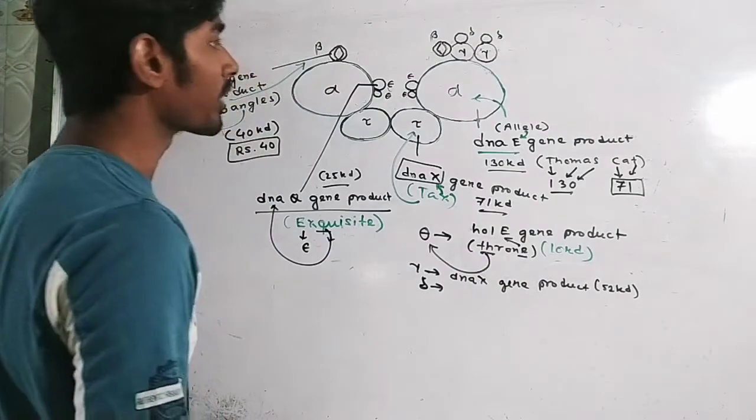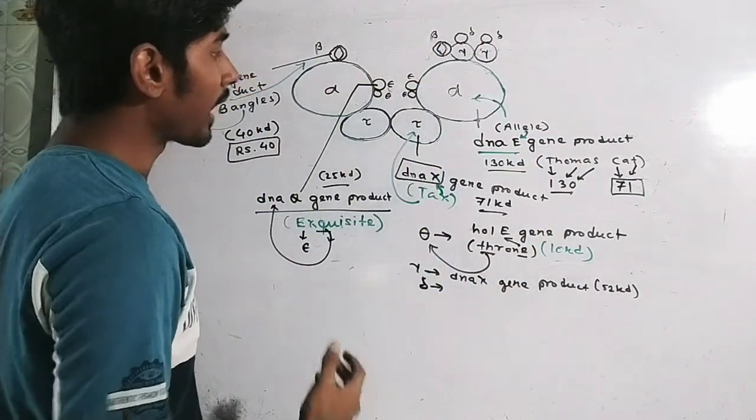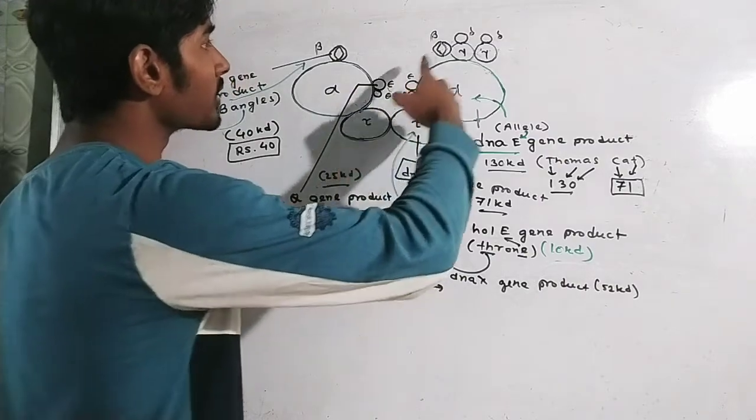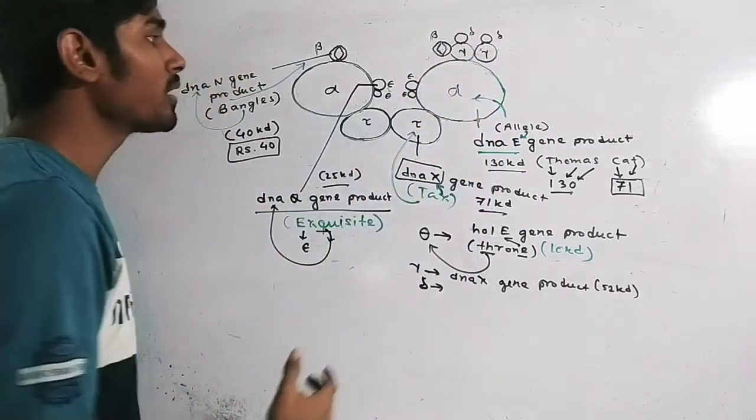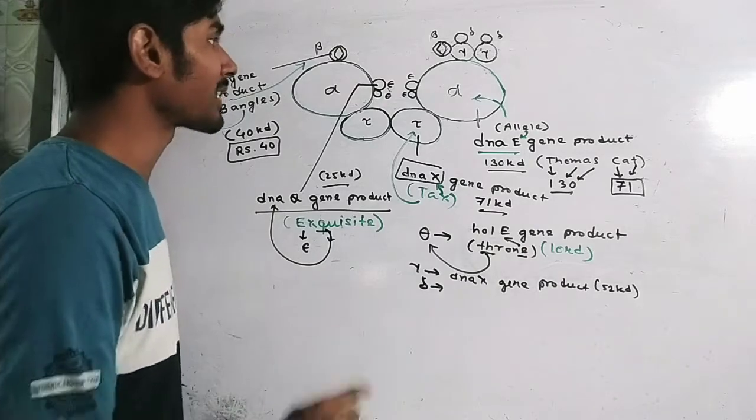So that's all about it. The gamma subunit is attached to the delta subunit, and the tau along with the gamma and the delta perform the single stranded DNA dependent ATPase activity.